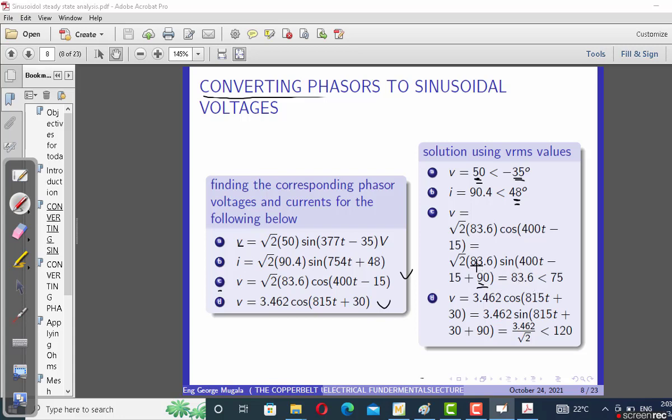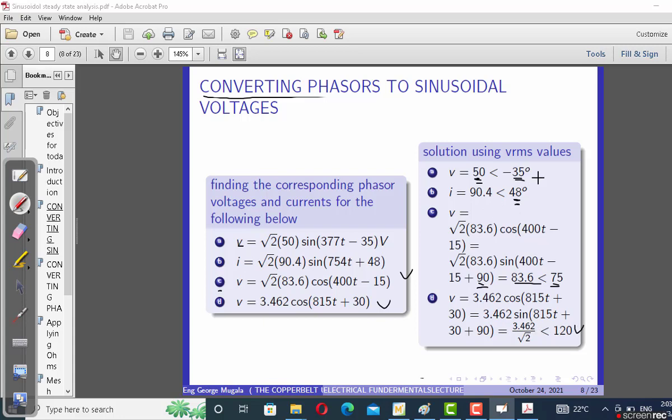Then I'll just divide by root of 283.6, because I'm working with VRMS values, then I'll say angle 75. Same applies. If I do this again, I'll add the 30 plus 90, then I'll divide this by root of 2, and then I have that.